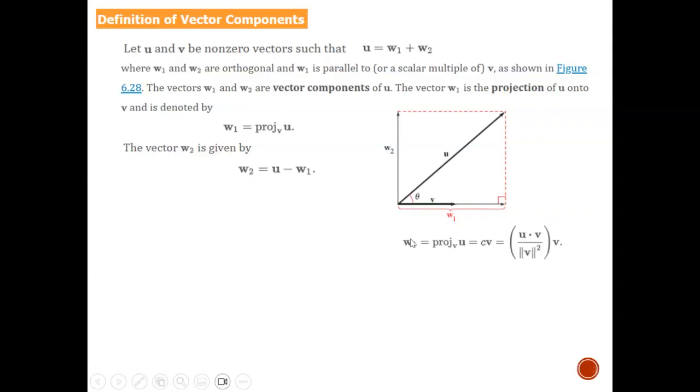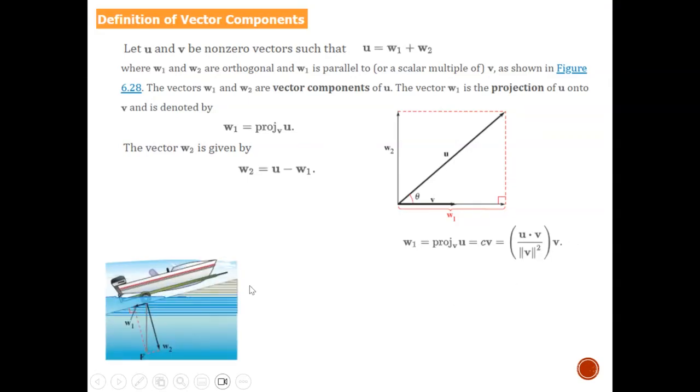Vector w1 is equal to the projection of u onto v, which is equal to a scalar times the vector v, which is equal to the dot product of u and v over the magnitude squared, and then times vector v. Again, this is going to give us a scalar, and then we multiply times the vector.